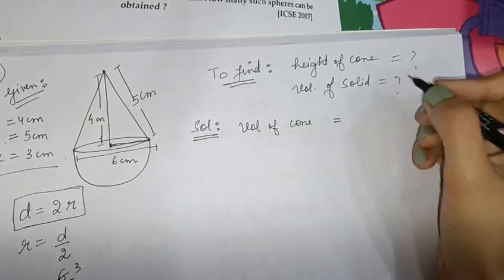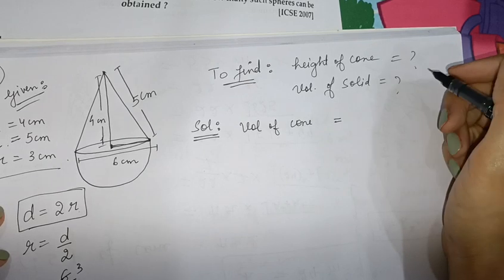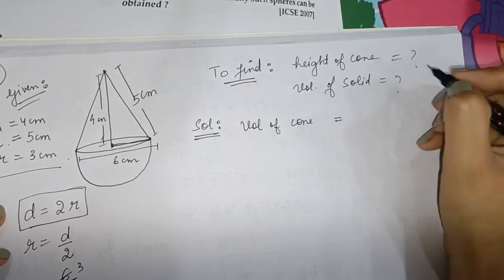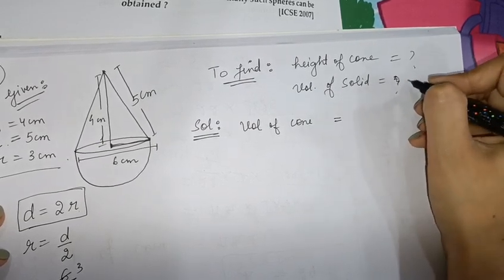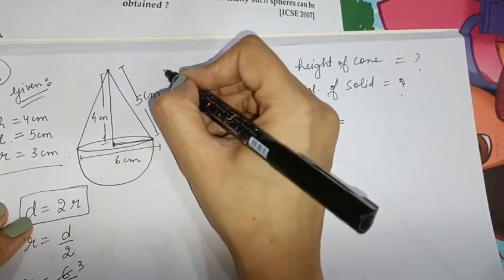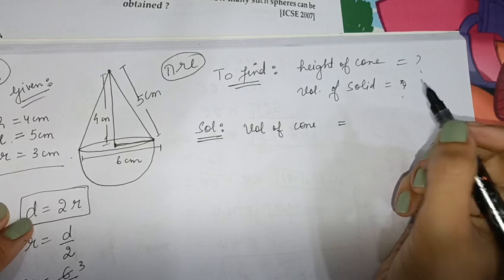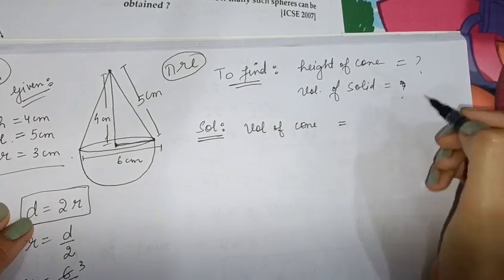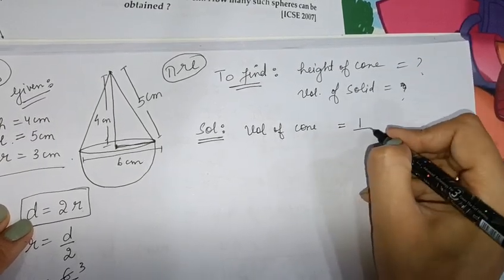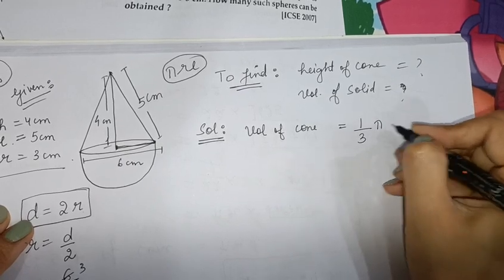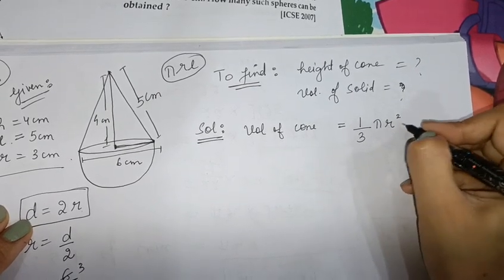In the surface area formula we don't have h, because the surface area of a cone is pi r l. So height is not there at all. That means we will find the volume first. So volume is 1 by 3 pi r square h.